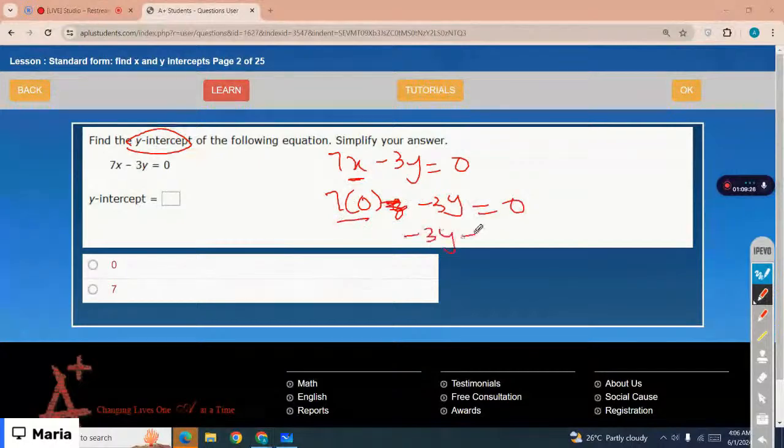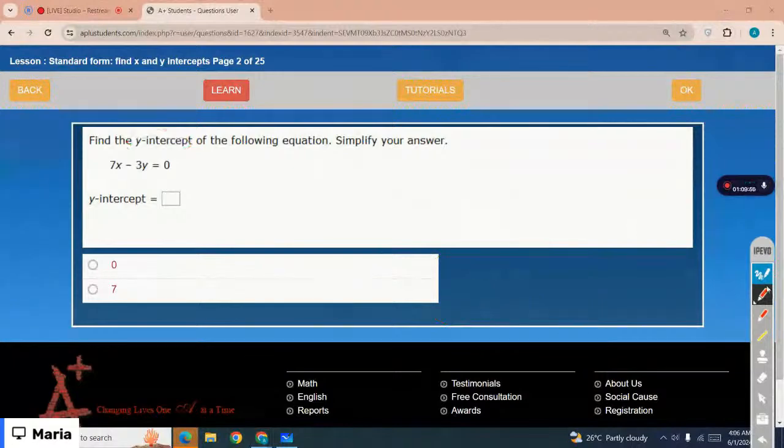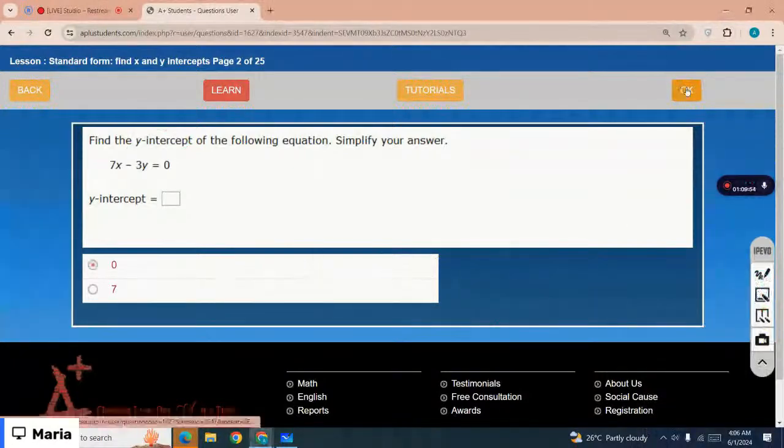Negative 3y is 0, and y equals 0. So the y-intercept is 0. Got it? The correct option is y equals 0. Option number 1 is the correct option.